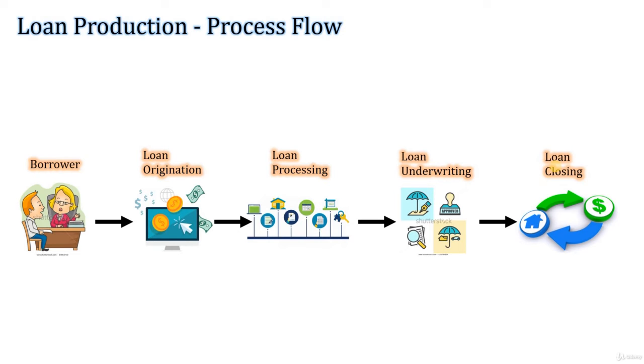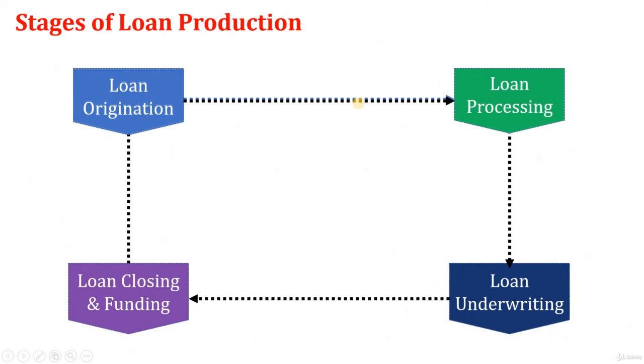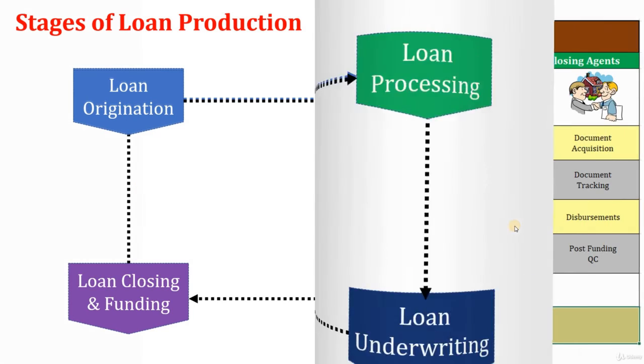Loan origination is followed by processing, then loan underwriting happens, and finally the loan gets funded and closed. This is a continuous process carried out by the lender.